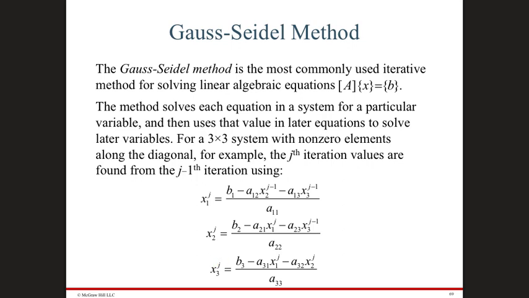You take those and you substitute the x2 and x3 that you got from the previous step here to get the new one, and then you take that with the previous, so the new one with the previous one for x3, you get the new x2, and then you take the current x2 and the current x1 to get the new for x3, right? And you keep doing this until you reach a point where your error is bounded.